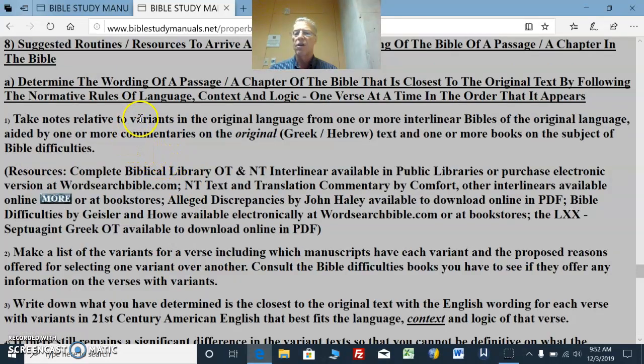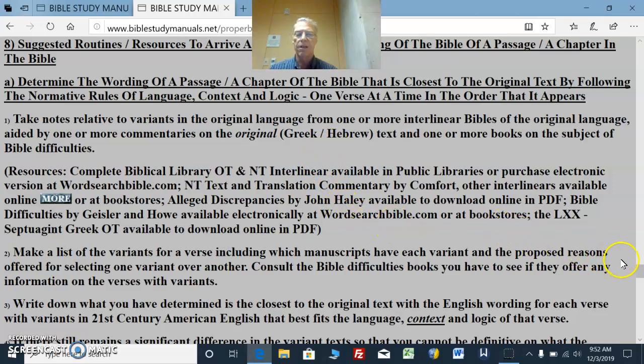Take notes relative to variance in the original language from one or more interlinear Bibles of the original language, and aided by one or more commentaries in the original Greek and Hebrew, or one or more books on this subject of Bible difficulties, you can decide what's the best interpretation, what's the best example that presents the original Bible the best. Sometimes there are discrepancies. There are a number of books you can read. Getting resources available to you.